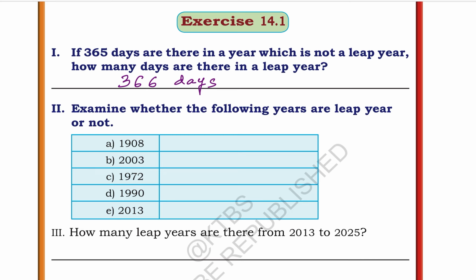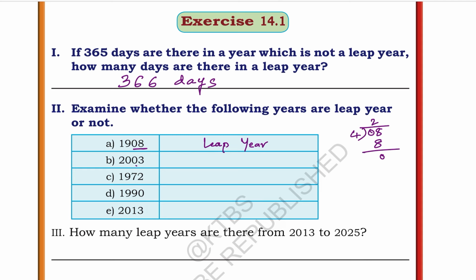How to know whether a year is a leap year or not? Take the last two numbers, divide them by 4. If it is divisible by 4, then it is a leap year. 2008: 8 divided by 4, 2 fours are 8, remainder 0, it is divisible. So, this is a leap year.